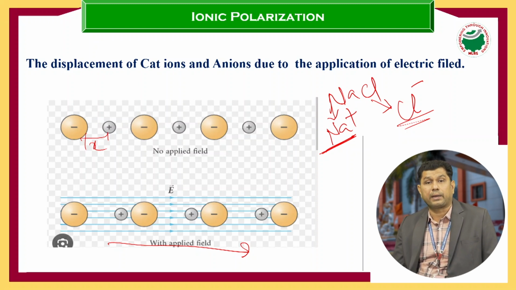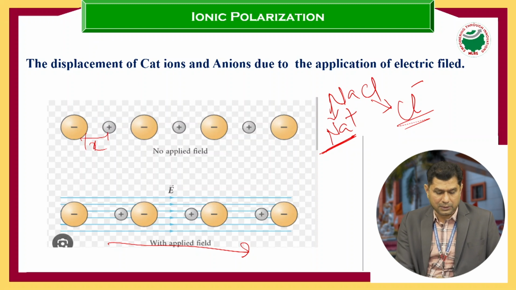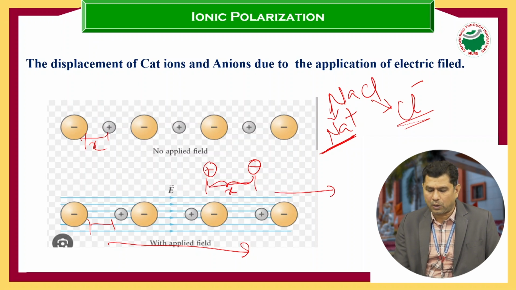Positive ion and negative ion get displaced. Then the distance between these two automatically increases. Suppose this is positive ion, this is negative ion, separated by a certain distance, assume it as x. But whenever you apply an electric field, automatically this distance will increase. Initially, let it be x.